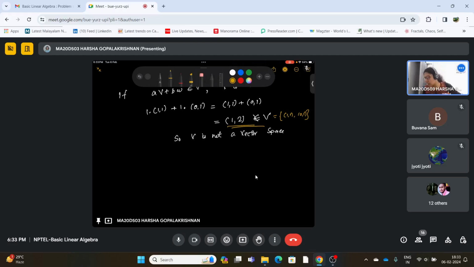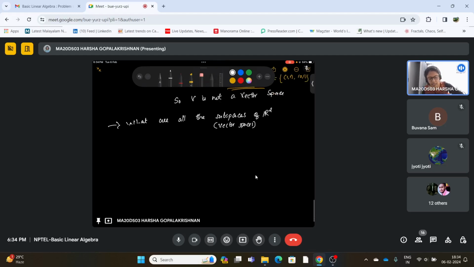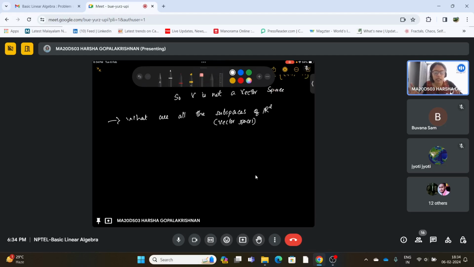Now, in R2, what are all the subspaces of R2, or equivalently, vector spaces? Subspaces is not a new term actually. It says it is itself a vector space and a subset of R2.